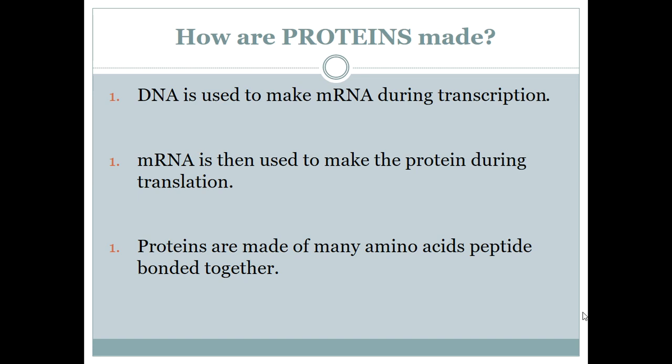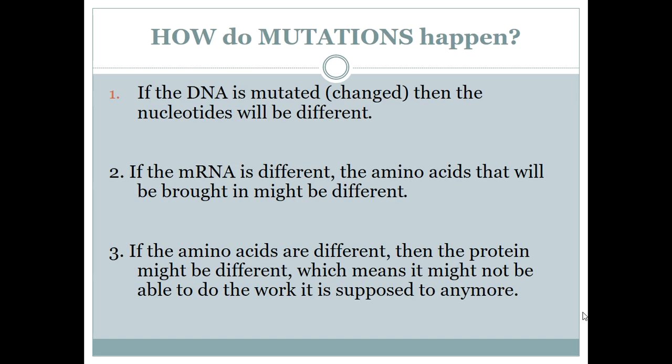The mRNA codons will complementary base pair with the tRNA anticodons. The tRNA will then drop off its amino acid and attach it to the growing polypeptide chain with those peptide bonds, thereby growing our proteins. So, our proteins are made by many amino acids that are bonded together by peptide bonds.